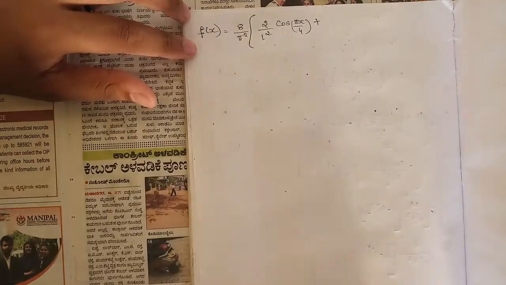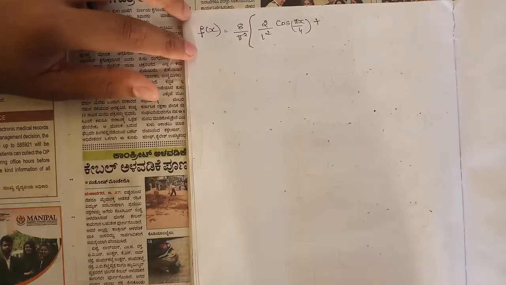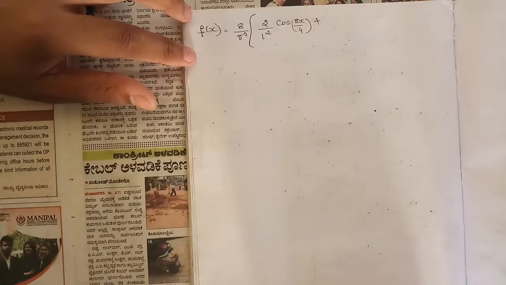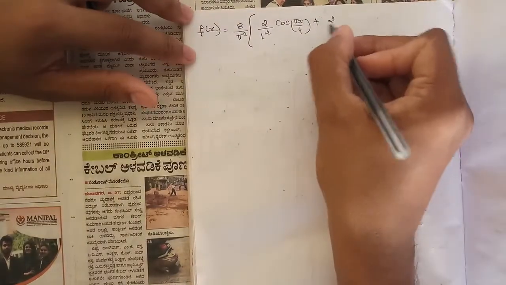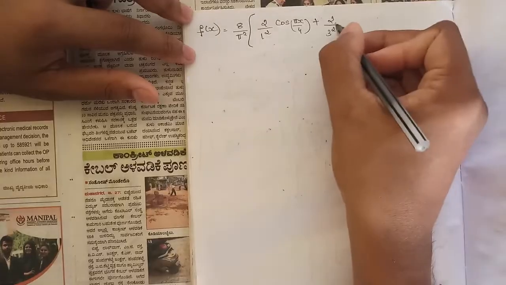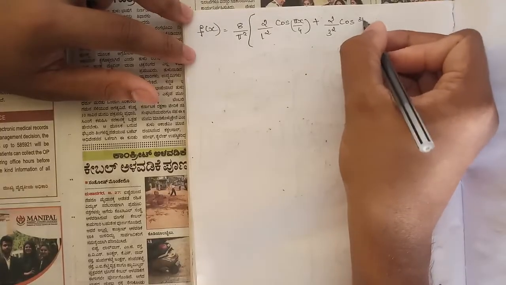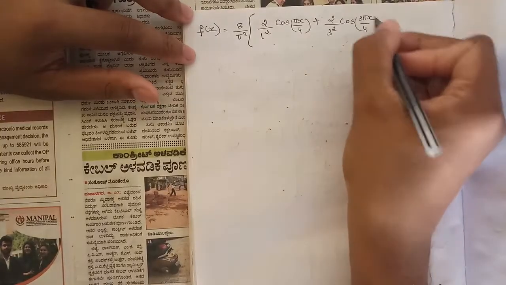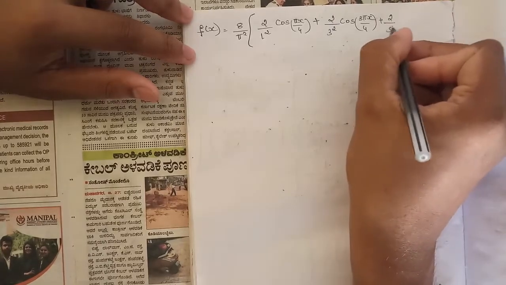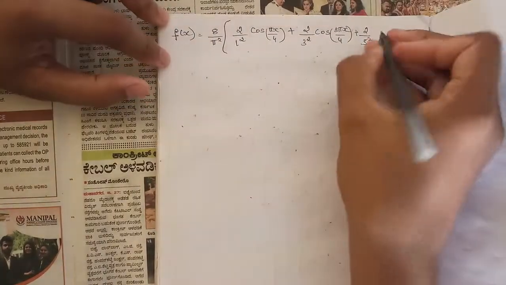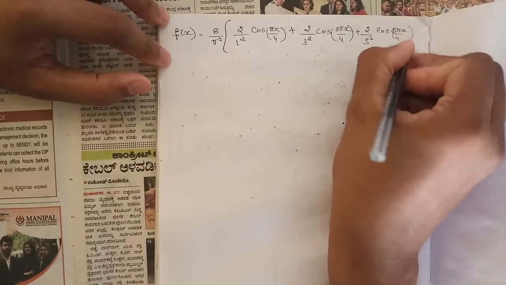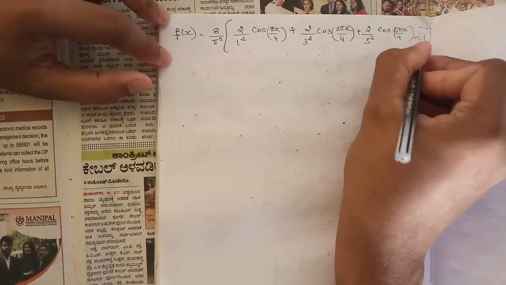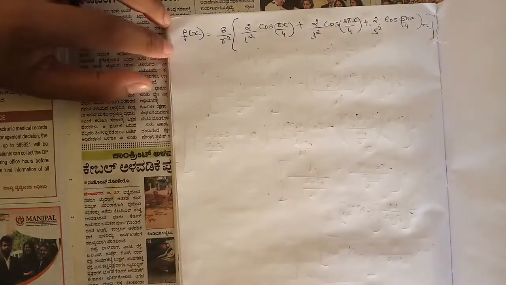So all the even terms will vanish. So we will not write those even terms, only the odd terms we are going to write. 2 by 3 square cos 3 pi x by 4 plus, again the even term will go, 2 by 5 square cos 5 pi x by 4. This is the remaining series.